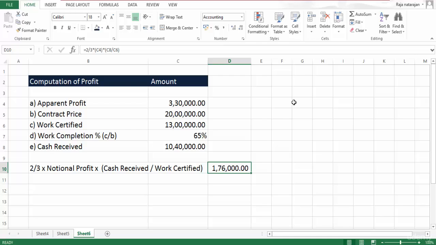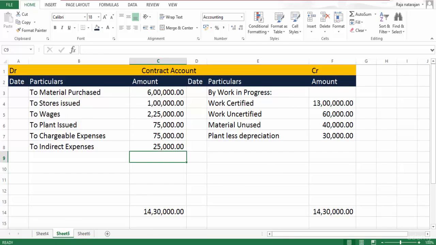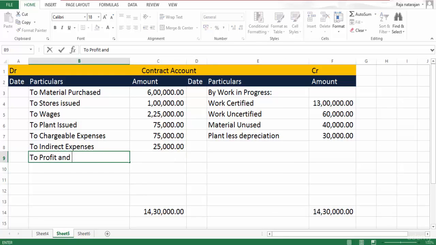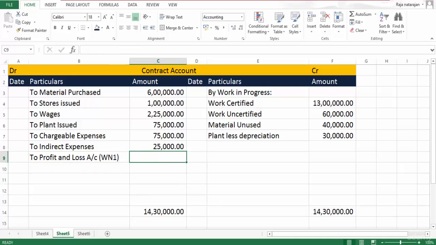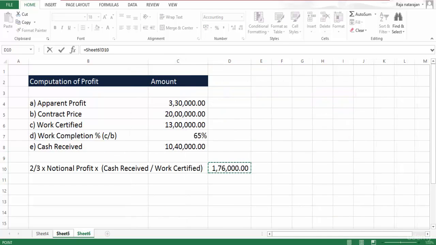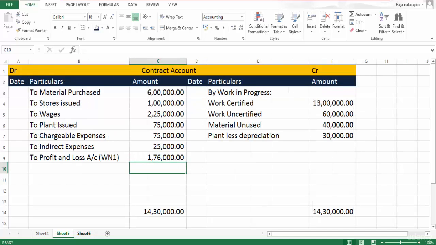So let me go to profit and loss account. So here I'll say to profit and loss account, probably I can say it is picked up from working note 1. The value is 1,76,000. But we know the profit was something like 3,30,000. It means there is going to be a balancing figure.